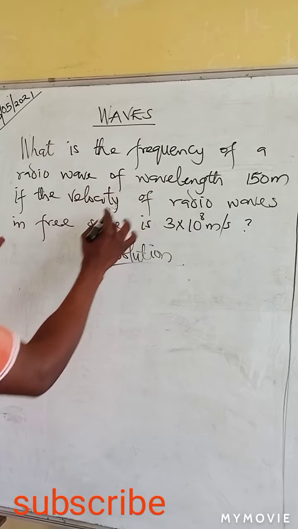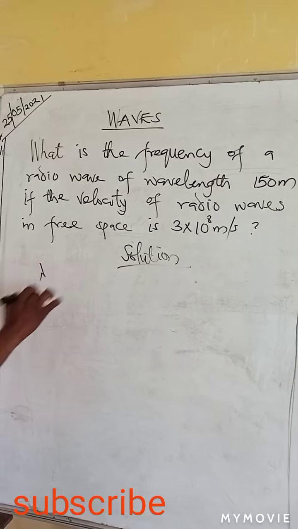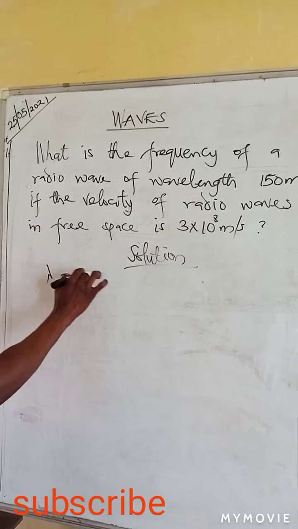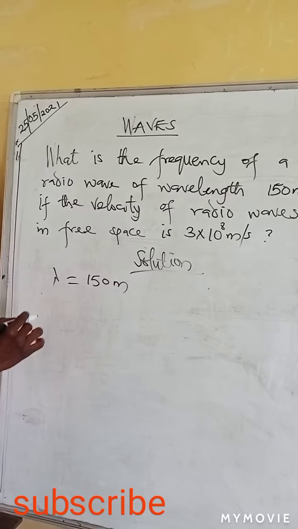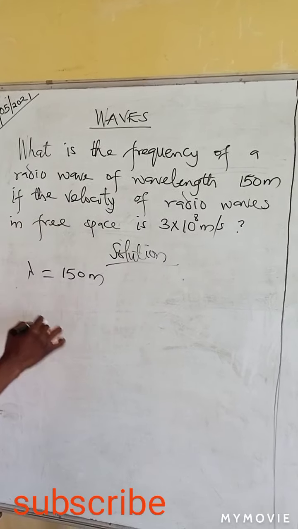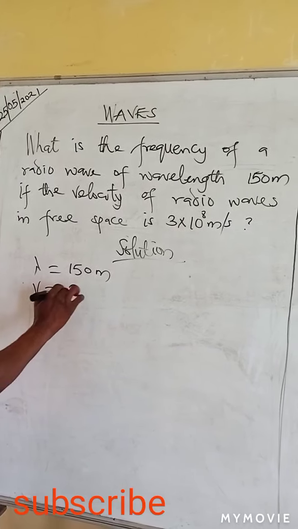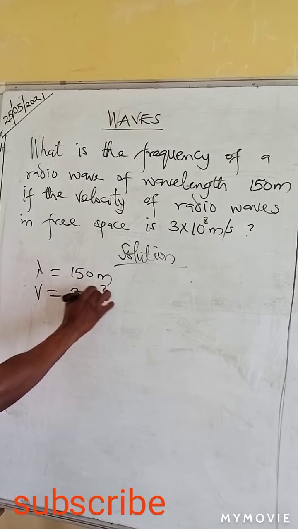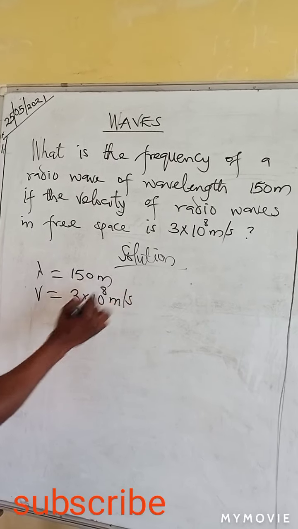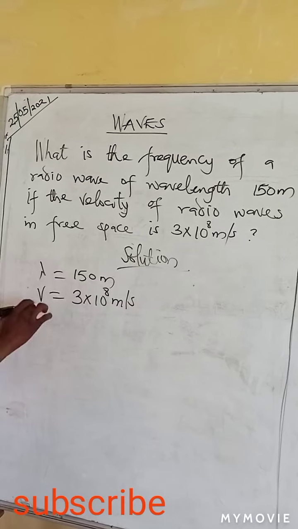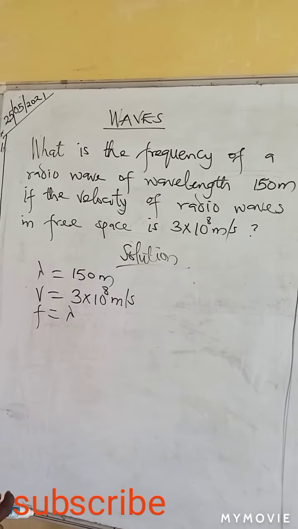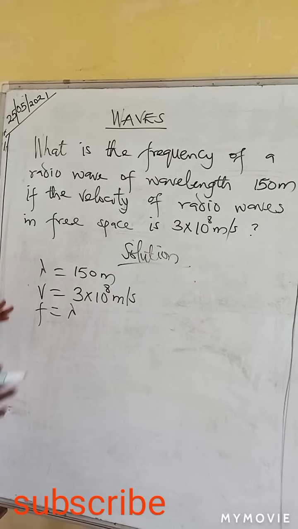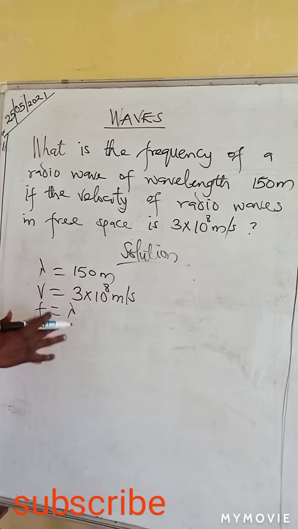Here now, the wavelength is given as 150 meter. At the same time, we're given the velocity as 3 times 10 raised to power 8 meter per second. The unknown value here happens to be the frequency, which we are looking for.